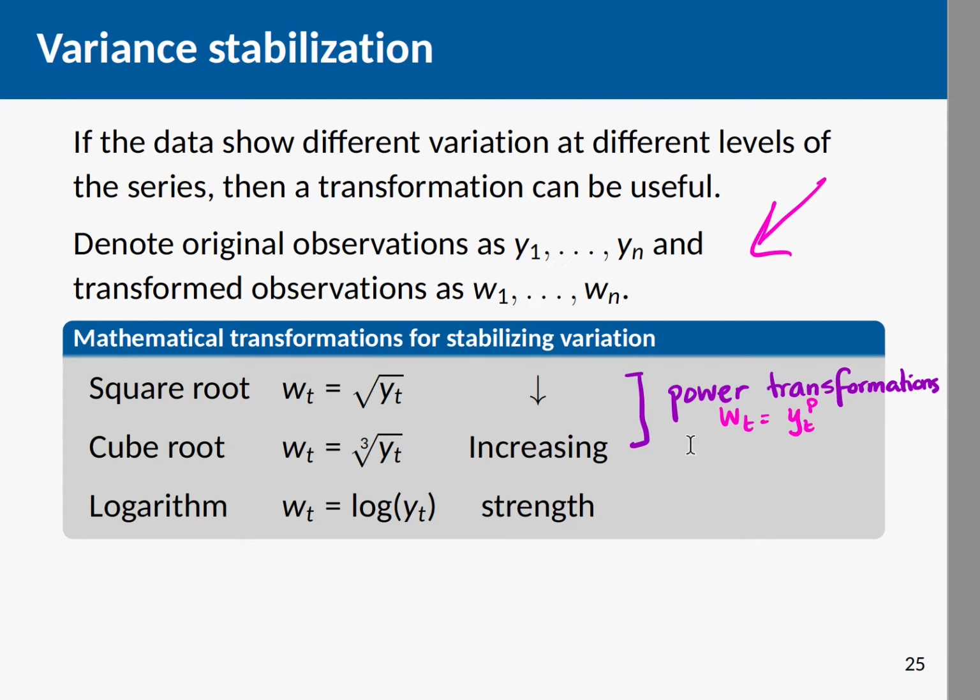One example is if you take the square root of a series, where p is one half, and cube root is another example of a power transformation, where p is a third. Logs are also very useful and are used a lot in economic data, where the transformed series is just the log of the original series.